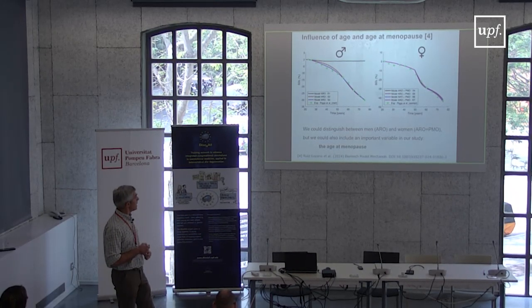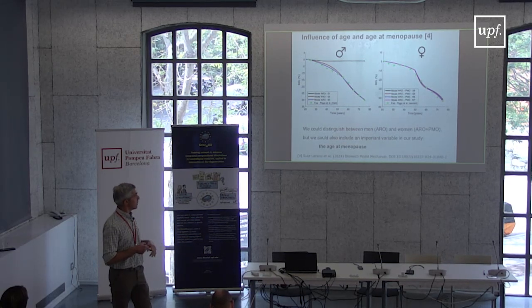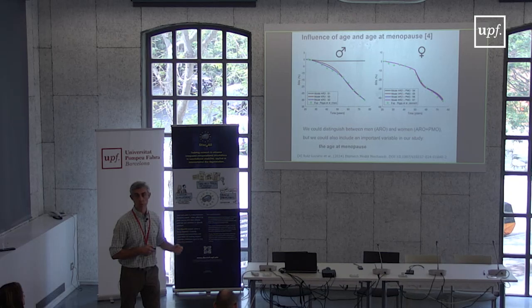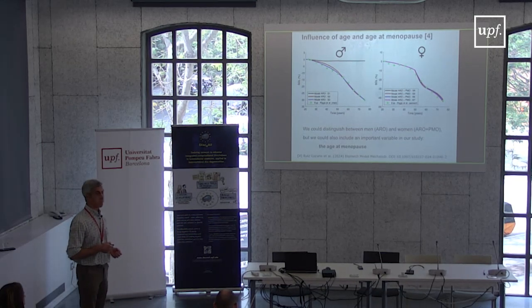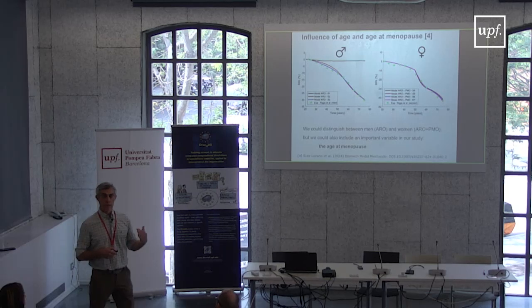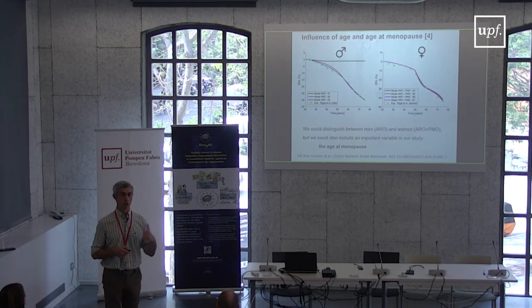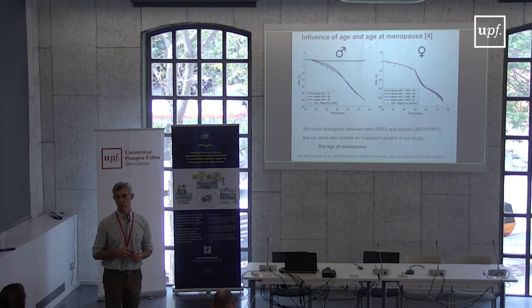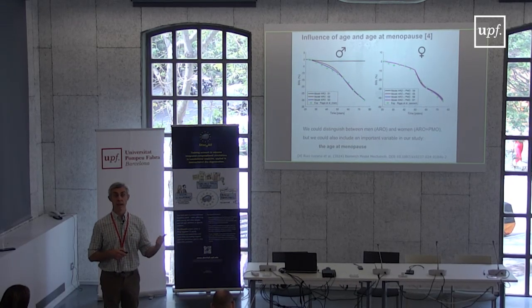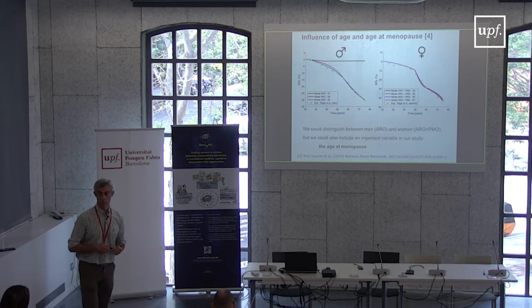So if we adjusted the effect of aging, we had to sum it to the effect of estrogen deficiency, estrogen decline in women. With this, we could add two variables to our model. Not only age, which was not considered before this paper, the influence of age and the influence of age at menopause, which are important.